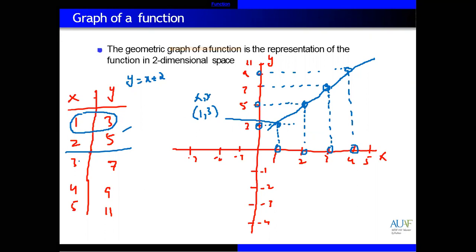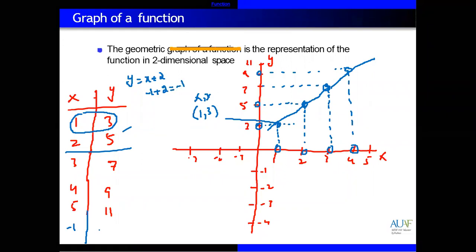Same if we have negative numbers and positive numbers, how can we draw? If you want to give negative values here, like x is equal to -1, then in this equation, y is -1 plus 2, equal to what?